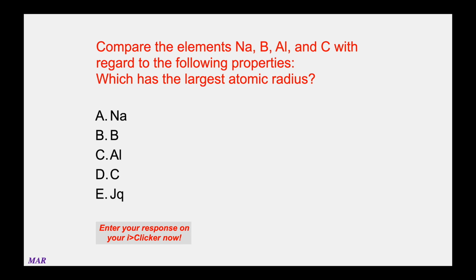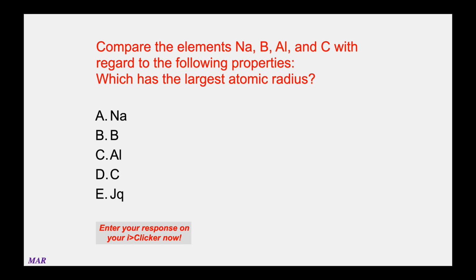When it comes to size, left and down on the periodic table makes for bigger atoms. So using a periodic table of those 4 elements, look for the one which is more left and down. Carbon is most up and to the right of all of those. And then you can see that boron and aluminum would be next.